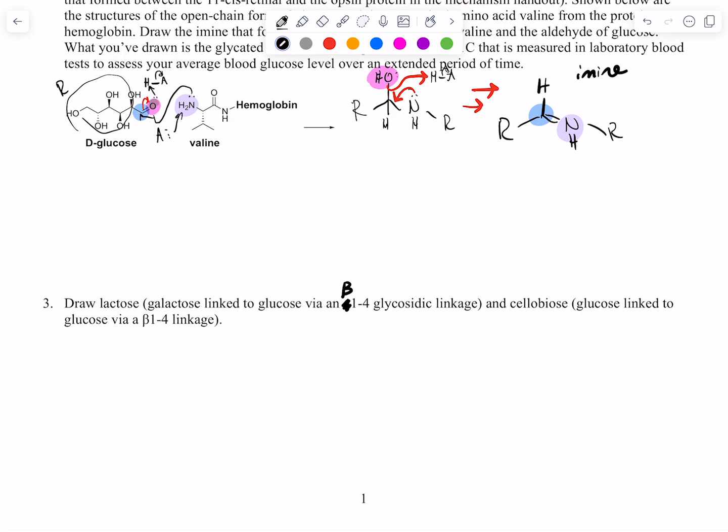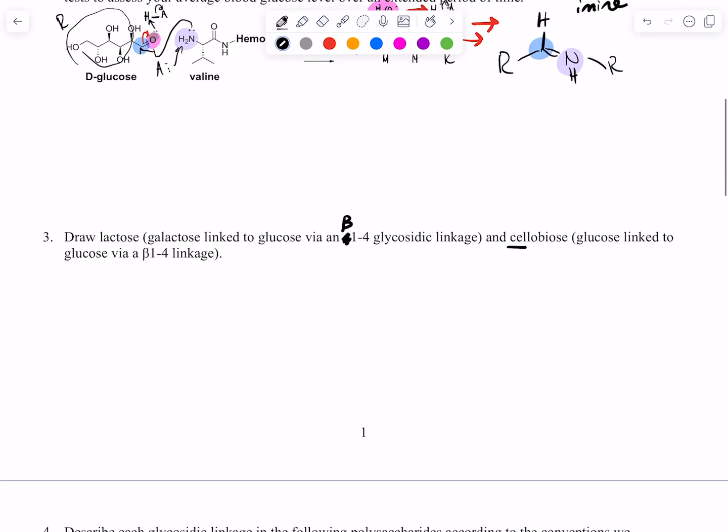So if you want to practice drawing lactose again, a galactose linked to glucose via a beta 1,4 linkage, do it. And then I'm going to give you the instructions for another disaccharide called cellobiose. This is 2 glucoses with a beta 1,4 linkage. So go ahead and give that a shot. See if you can draw that. You can do it from the overhead hexagon point of view, or you can do it from the chair point of view, whichever you prefer.